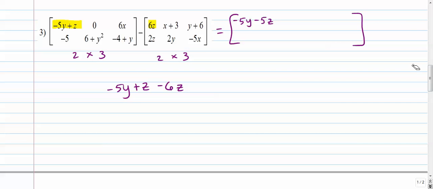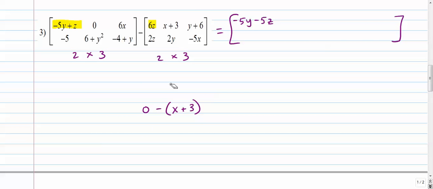Alright, moving along here. I'm going to move this bracket over a little bit. We have 0 minus (x plus 3). Notice I'm putting that binomial in parentheses. We're going to distribute that negative, so we get 0 minus x minus 3.